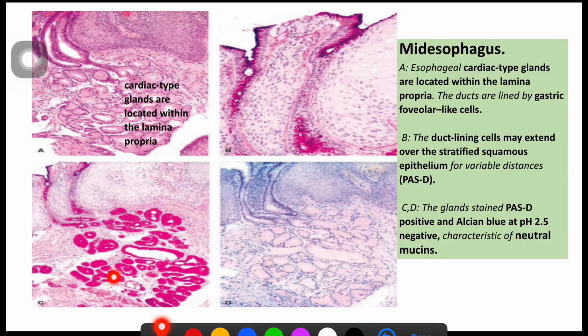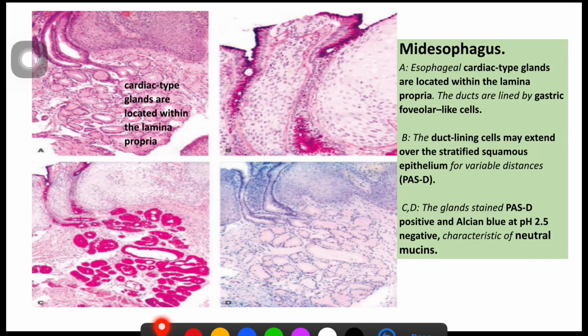Here in this gland, you can see glands are PAS positive, and here Alcian blue is negative. So PAS positive, Alcian blue at pH 2.5 negative, suggests that it contains neutral mucin. So this is the differentiating point from submucosal gland, which contains acidic mucin. So here neutral mucin, in submucosal gland acidic mucin.